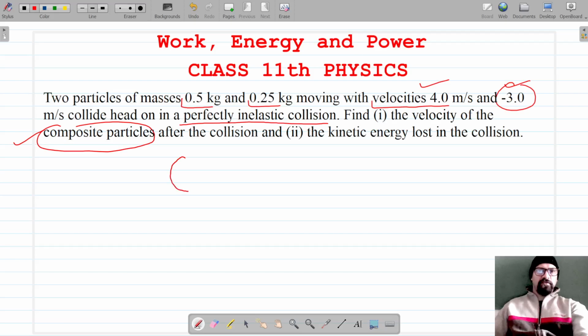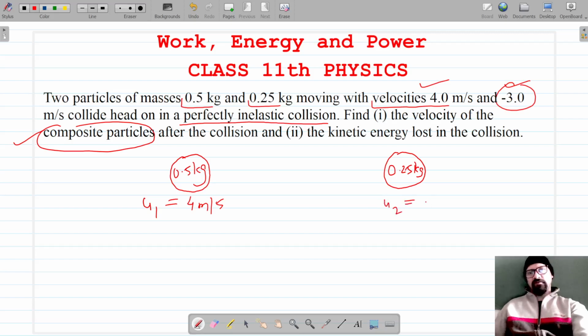So let's say this is a particle of mass 0.5 kg and this is a particle of mass 0.25 kg, and its initial velocity is 4 meter per second and its initial velocity is 3 meter per second.